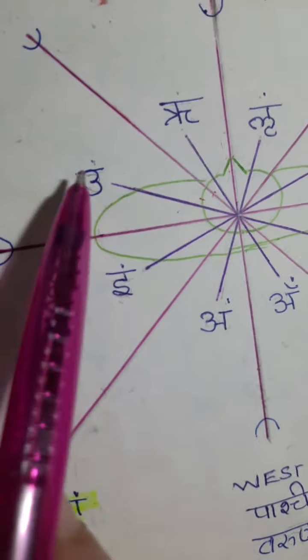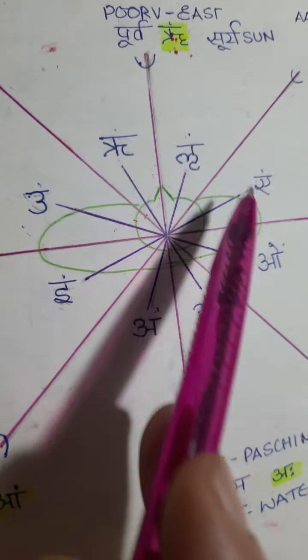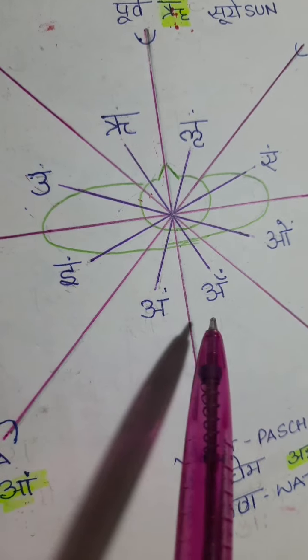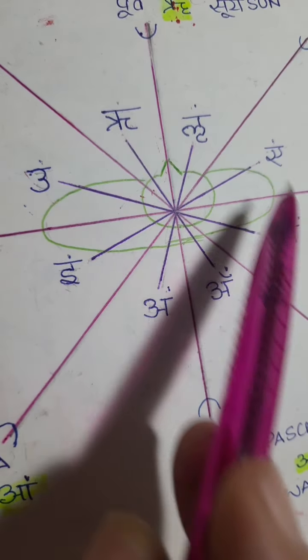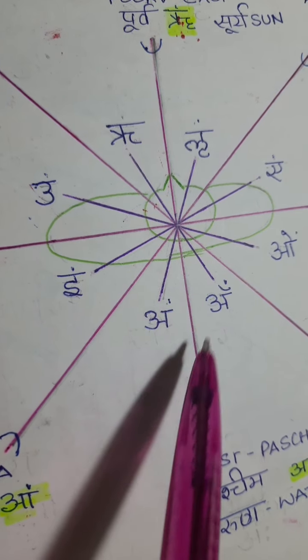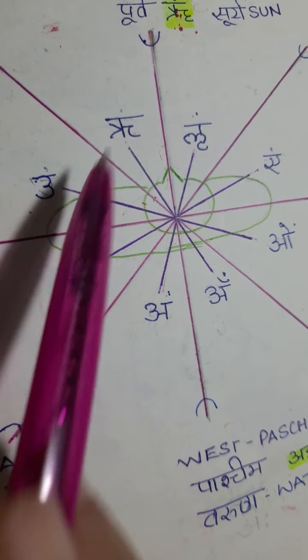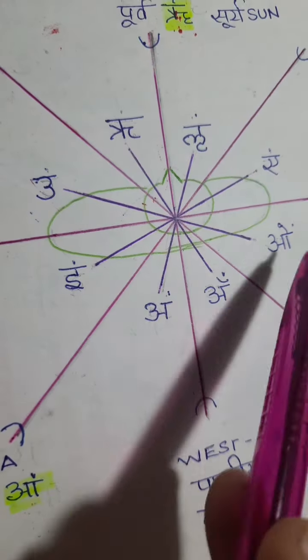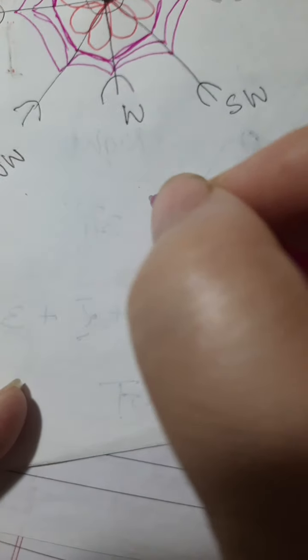Ang, ing, ung, ring, ring, ing, ung, ang. These are the 8 Bija Mantra which is forming a web between these. And when they are fully turgid, they give us an octagonal shape.